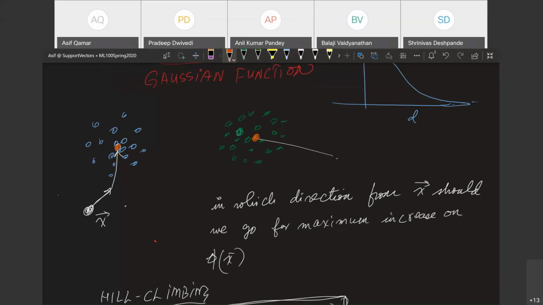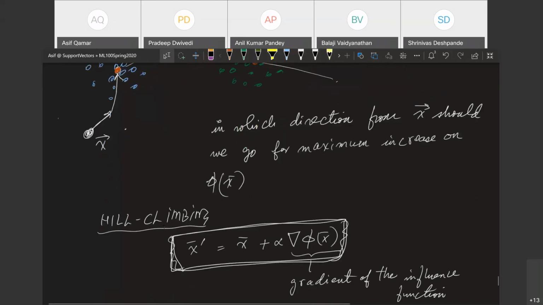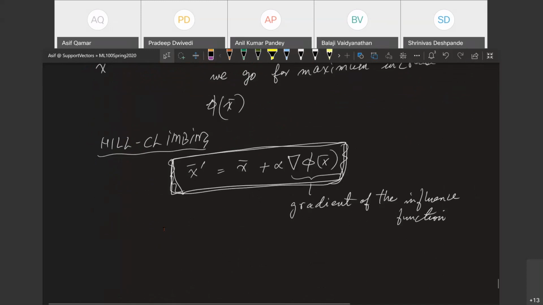These points are called attractors. These are the points of attraction. That is where the light intensity or the influence function achieves its maxima, at the attractor points.